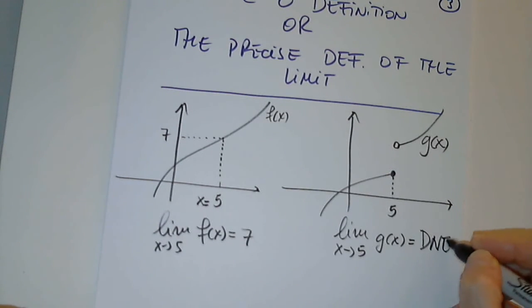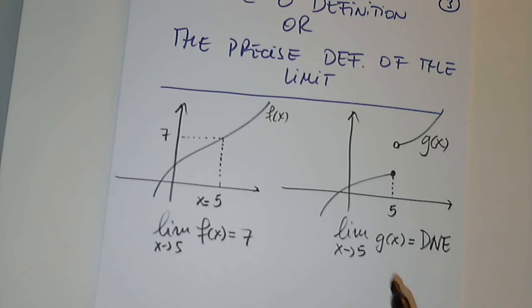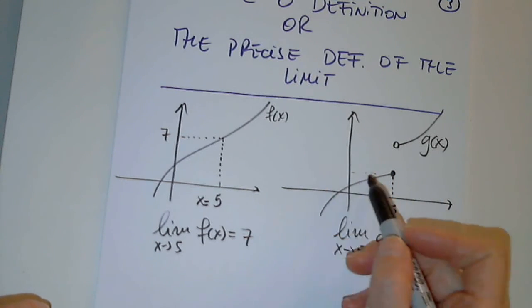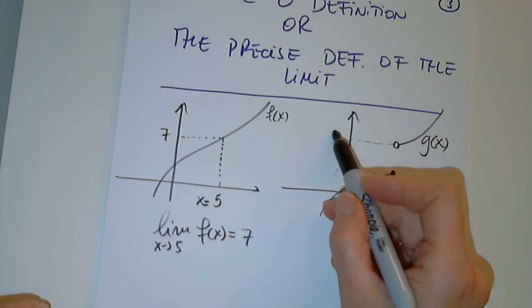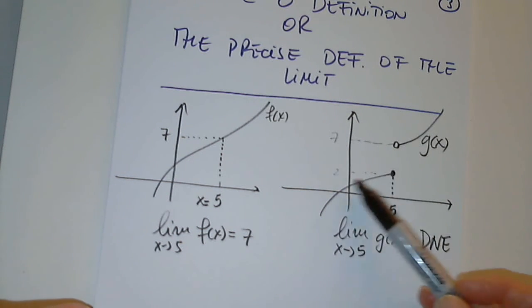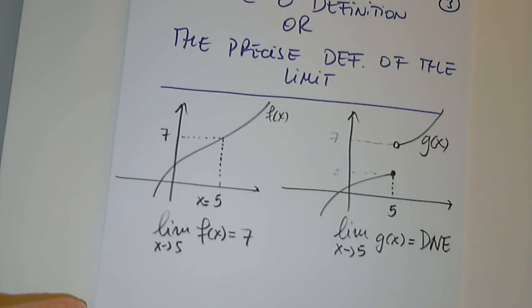Yes. Now Colby will say, well, show me both sides, because that's what you said. True. But I have a different target right now. But yes, I would have written the limit from the left is 2, the limit from the right is 7, therefore from either side does not exist. Okay.